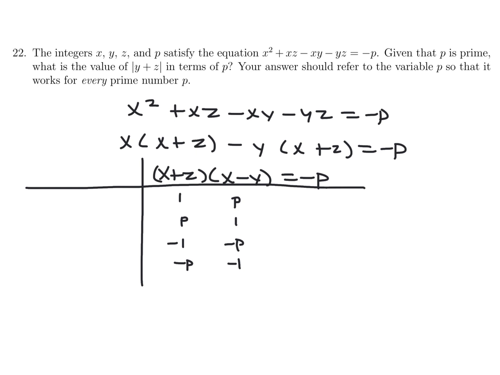Okay, so where do I go from here? What do they want? They want the absolute value of y plus z. All right. Well, one thing I noticed is that if you took this guy and added to that guy, you get, what do you get? x plus z, x minus y.